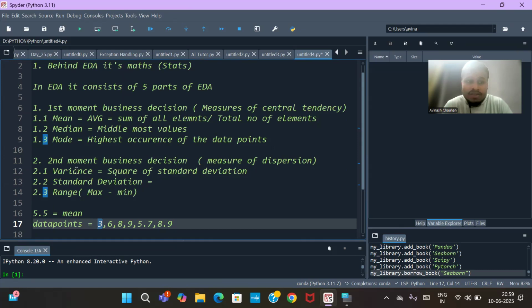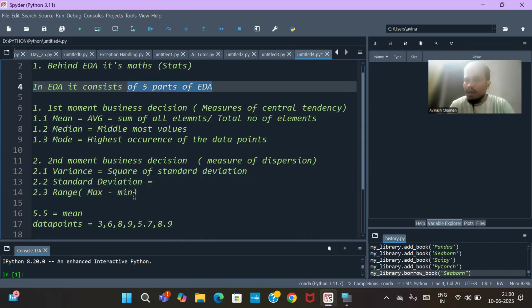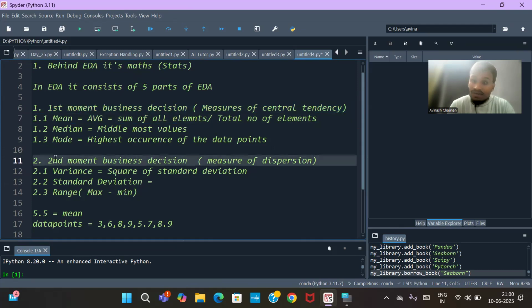Tomorrow we will discuss the formulas of variance, standard deviation and range, but not now. Today we will be discussing what the four parts are in a theoretical way, and then we will discuss them one by one. First we will go with the first moment business decision and its formula, then the second moment, then the third moment.